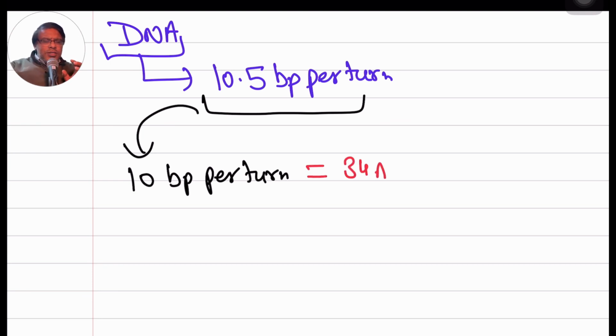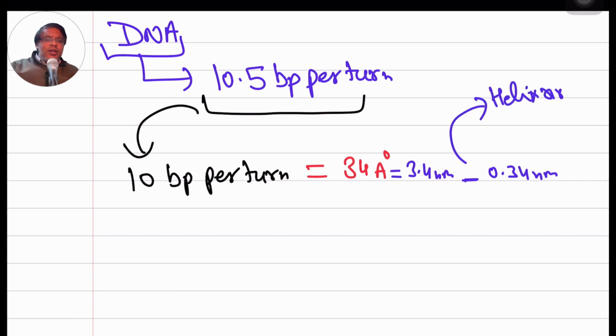Now, these 10 base pairs are going to have some length. The length of 10 base pairs, or 1 turn, is 34 angstrom. You can write this as 3.4 nanometer. Now if you see one base pair, its length is 3.4 nanometer divided by 10, which comes out to 0.34 nanometer. Here you can see that the bases are flat, and one base is stacked over another base, and each is going to have a length of 0.34 nanometer.